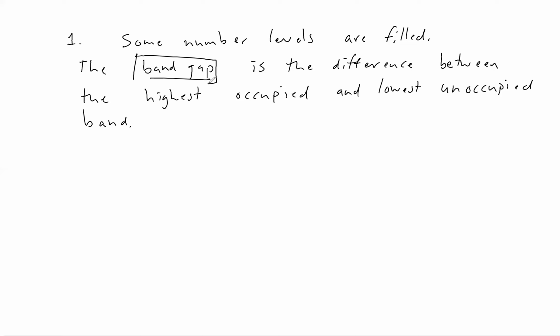So for this case, it's helpful to think of these levels really as being bands. So if some number of bands are full, we'll say that the band gap is the difference in energy between the highest occupied and the lowest unoccupied band.